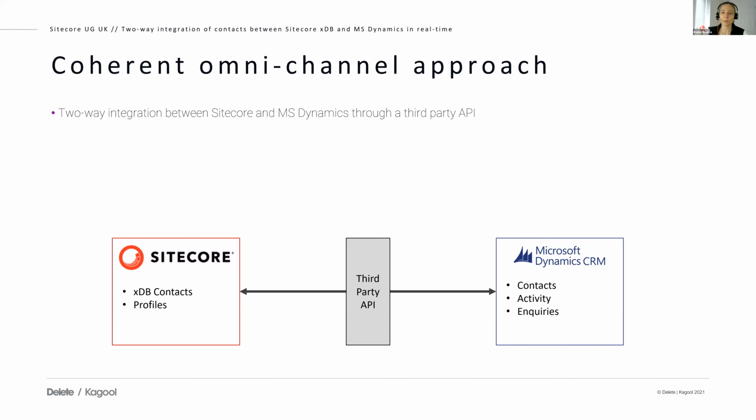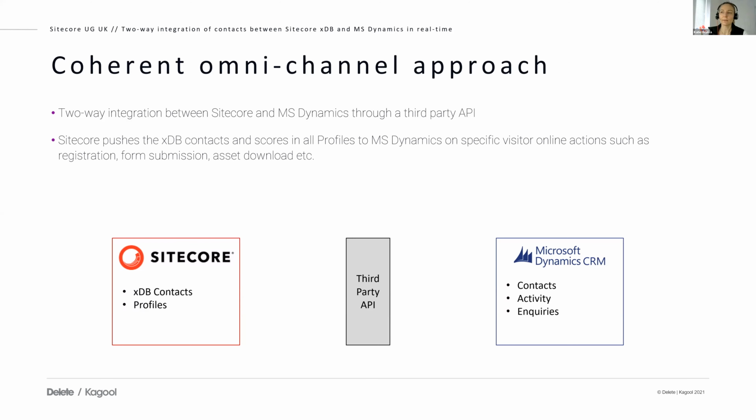As you can see in our example, in Sitecore, we have contacts and profiles where we store user online activity. And the red arrow shows how we flush this data, specifically profile scores, from Sitecore to Microsoft Dynamics.